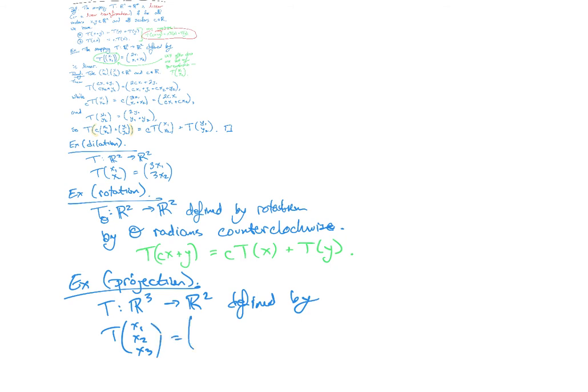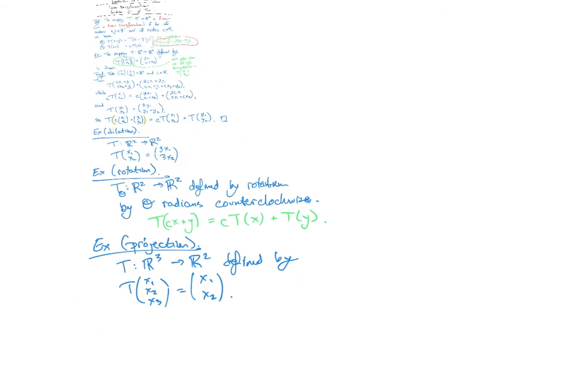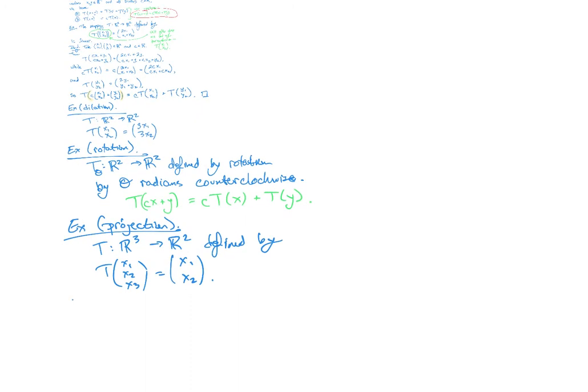And projection means we forget about one of the coordinates. Okay? We could have forgotten about x1 or x2 instead. Okay, or we could do the reverse of projection.